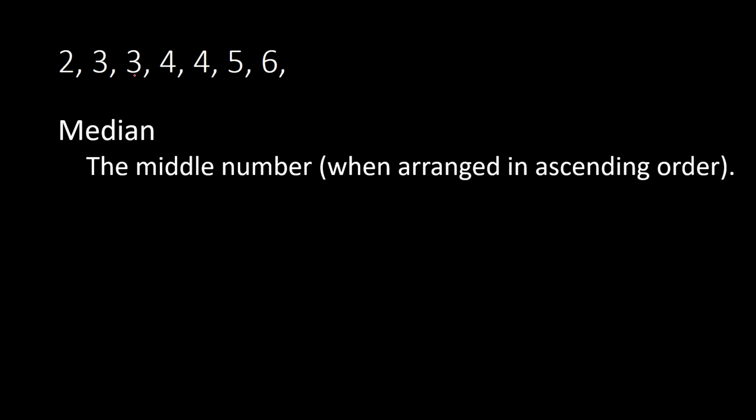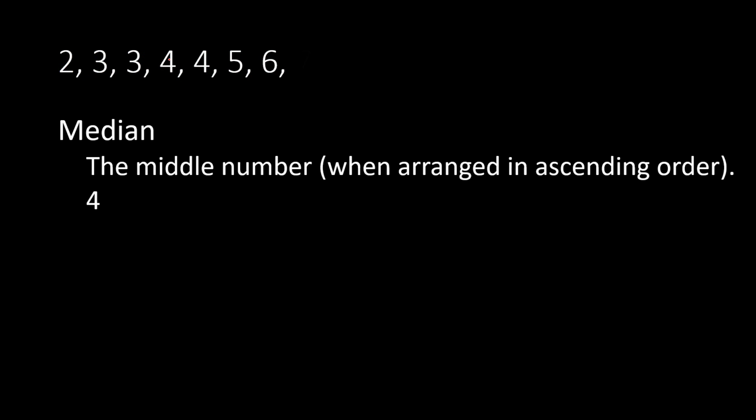It's the middle number. So if I work my way to the center, I eliminate the first and the last number, and then the next number, and then the next number, we find that 4 would be in the center. So 4 would be your median. It is literally in the middle of this list of numbers.